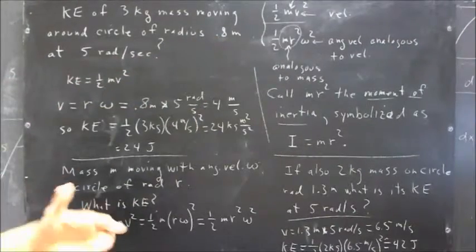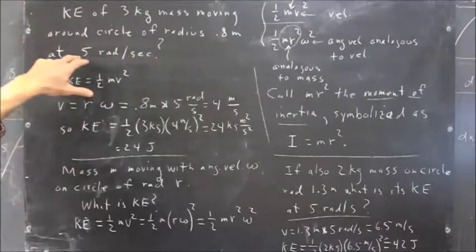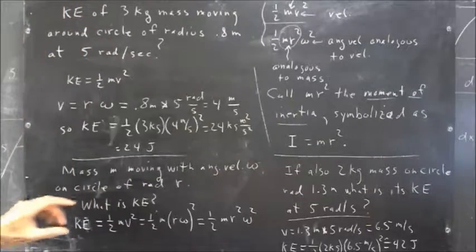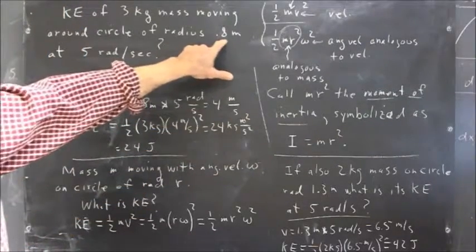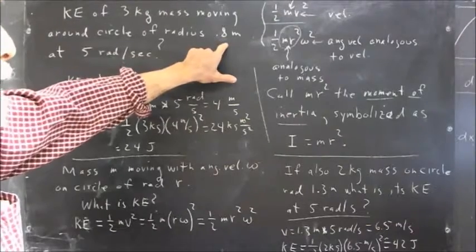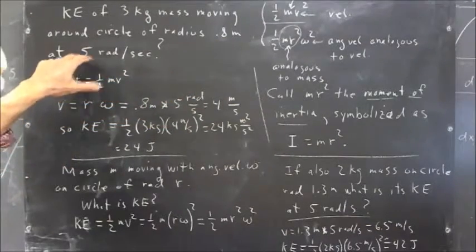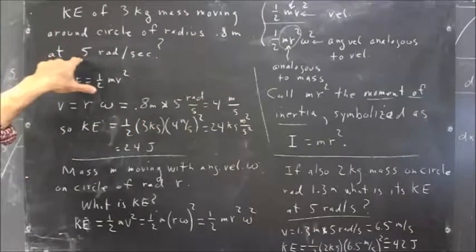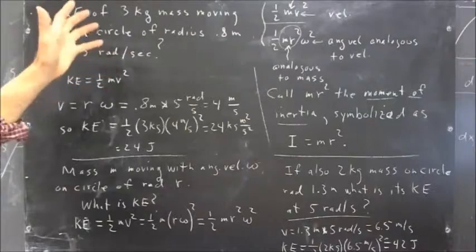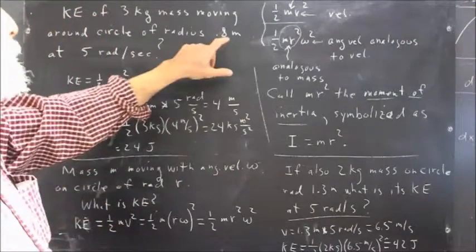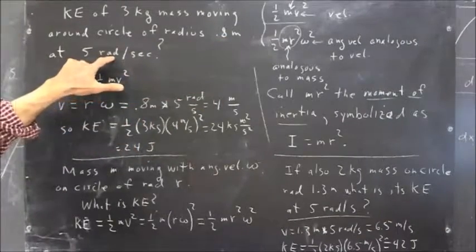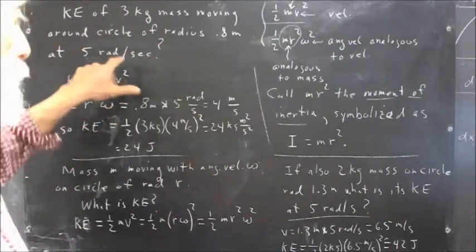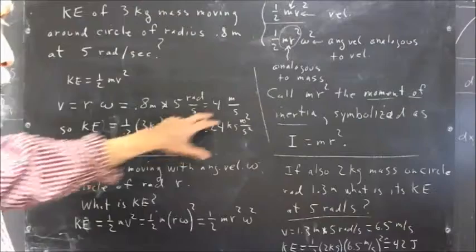Since we have the 5 radians per second on both circles, the 0.8 meter radius and a 5 radian angle is going to give us 4 meters per second.